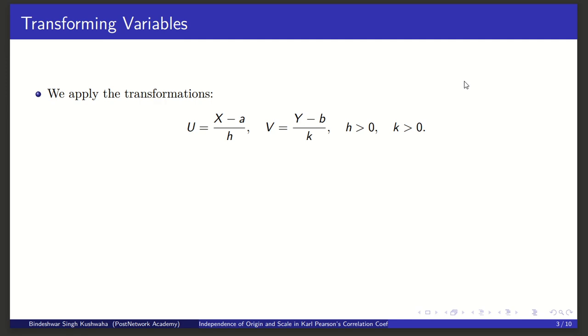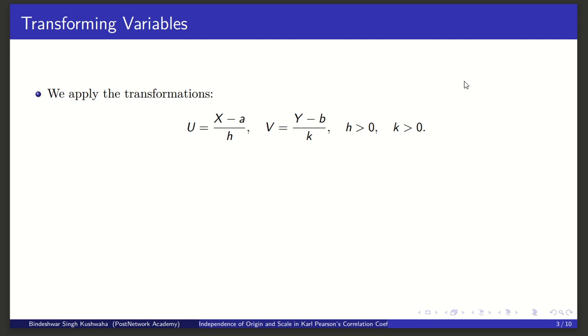In this case we will subtract a from x and divide it by h, and subtract b from y and divide it by k, and we will prove that the correlation between x and y is equal to the correlation between u and v. That means correlation is independent of change of origin and change of scale.